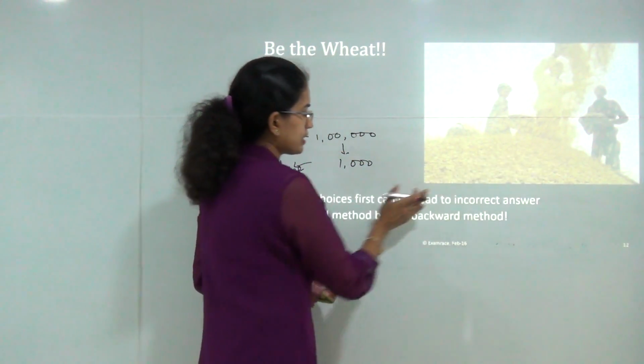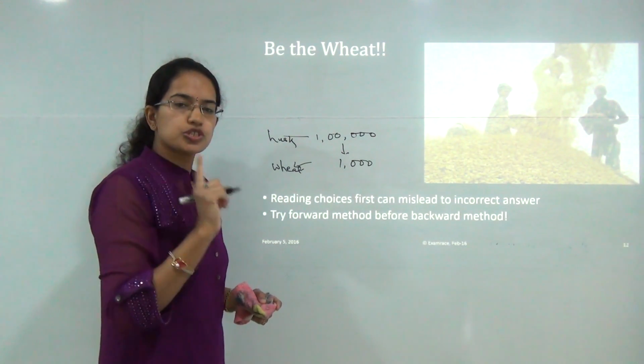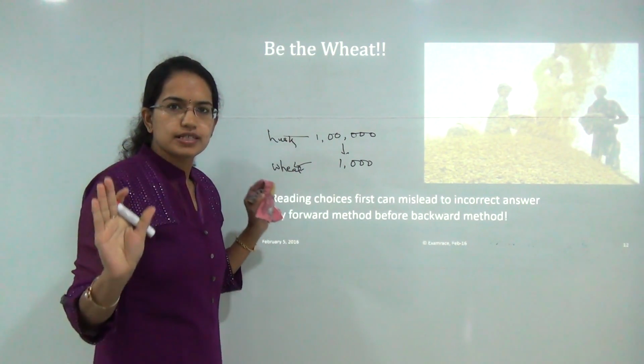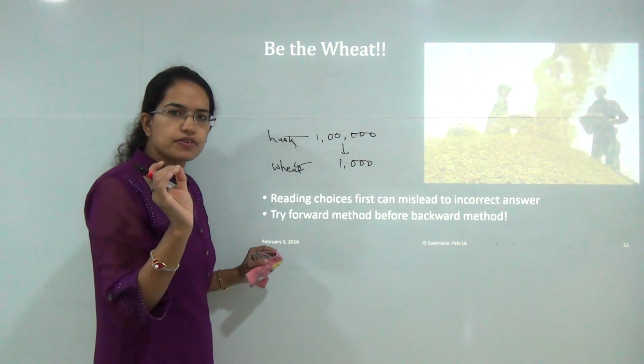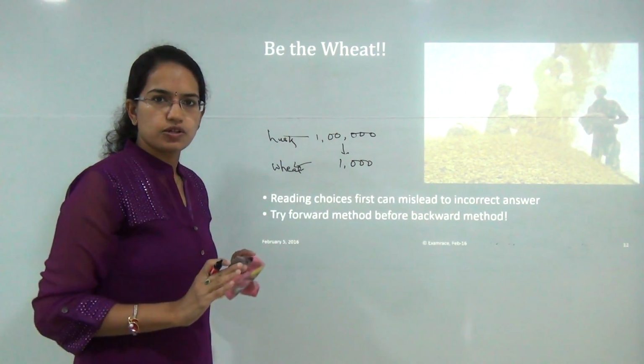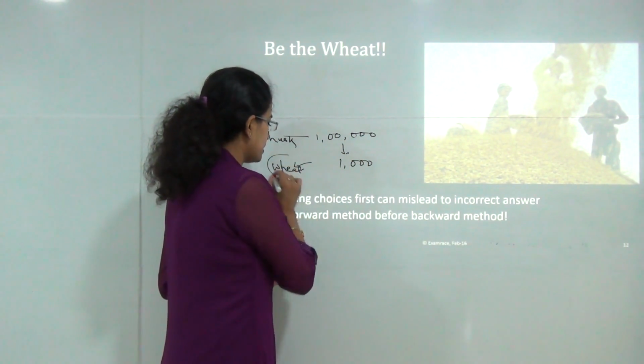So what is important here is, a single mistake can cost you a lot. So have a proper sound sleep before the examination and try to be fully confident and fully focused while solving an MCQ paper. From this husk, you have to be the wheat.